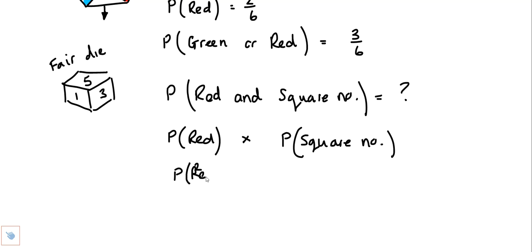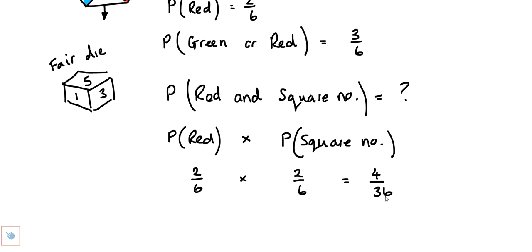It's 2 out of 6 multiplied by the probability of getting a square number, 2 out of 6. So I end up with a probability of 4 out of 36.